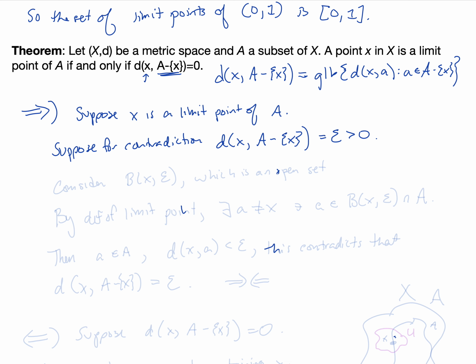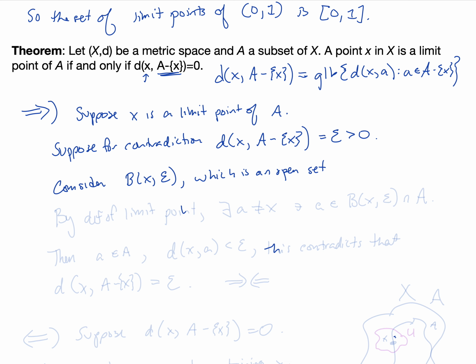Now let's consider the ball centered at x of radius epsilon, which is an open set. You proved in previous homework that the ball centered at x of radius epsilon is always going to be an open set in any metric space.